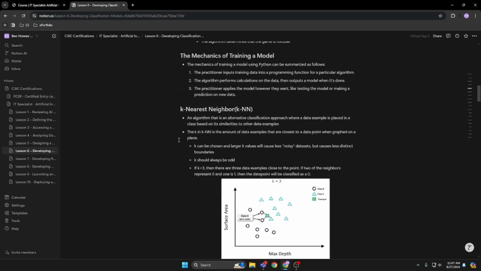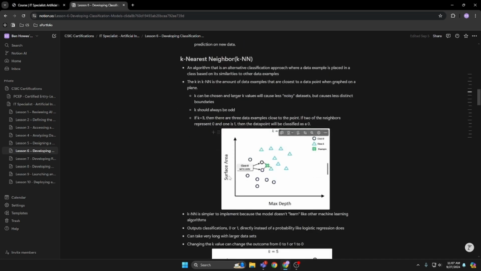They talk about things like here, which is the k-nearest neighbor thing, which was pretty much graphing it and seeing how close it is to each, and if it's sort of equidistant, seeing which one it's closer to more.